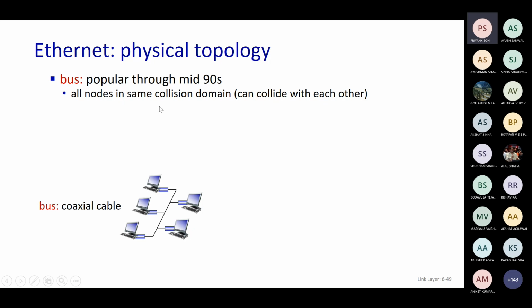The first one, which is in general very popular, is known as the bus topology. Topology here simply means how the hosts are connected with each other. The medium used mostly here is coaxial cable.